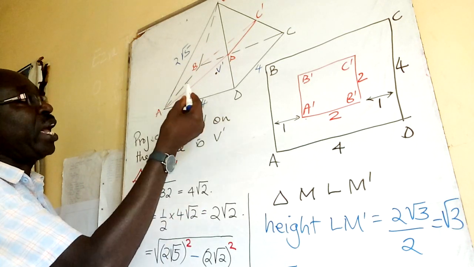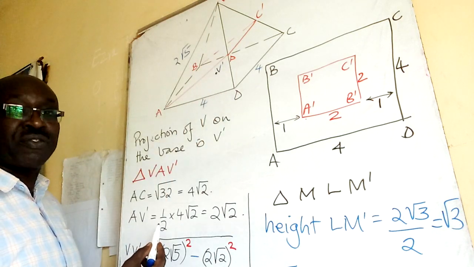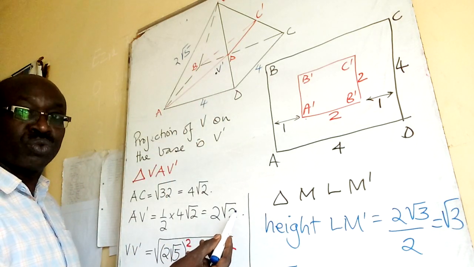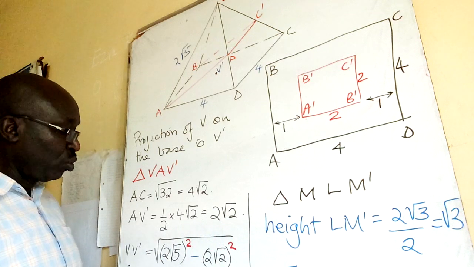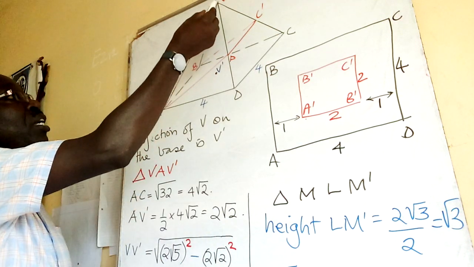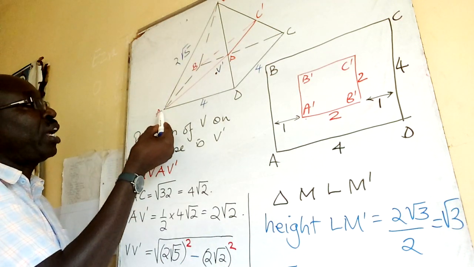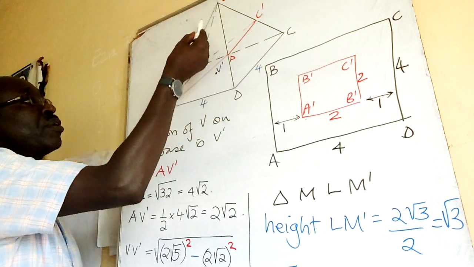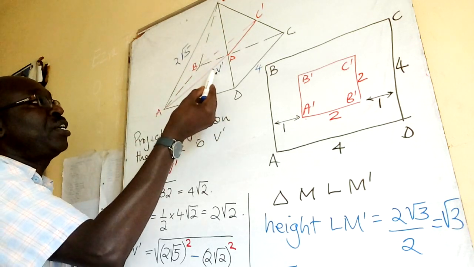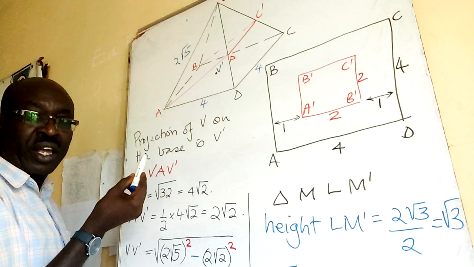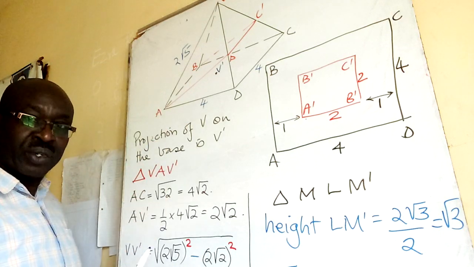But from A up to V prime is just halfway. You get 2 root 2. So I'm using now triangle V A V prime. Okay?